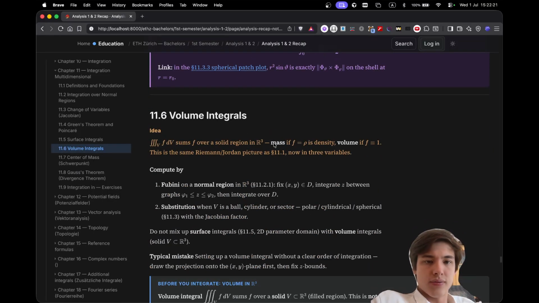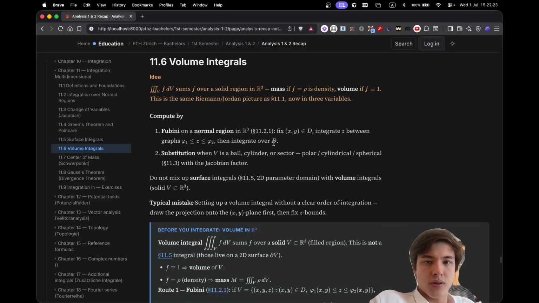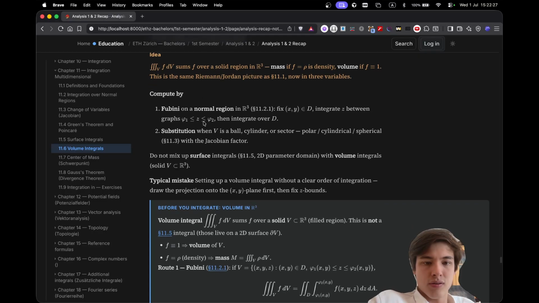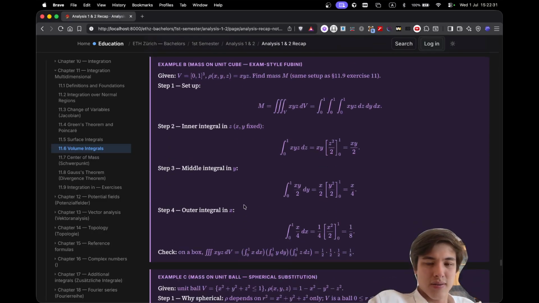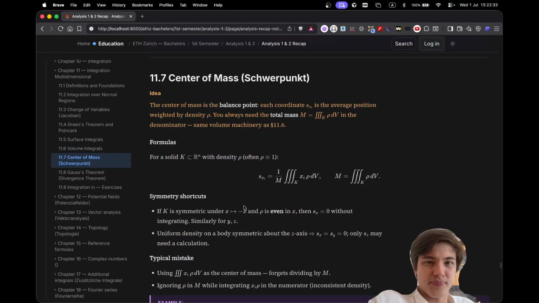Let's continue. Volume integrals, we have a density, a mass, then yeah. Now if it's equal to 1, well, it's easy. Center of mass. So yeah, it's the average position weighted by density.